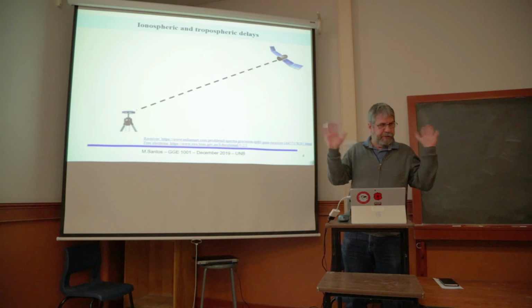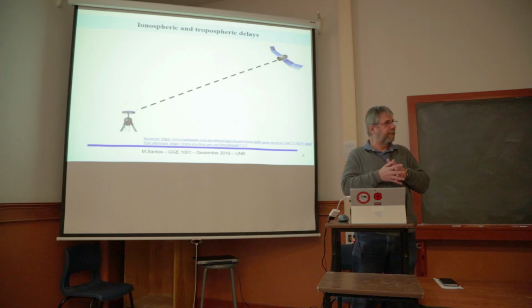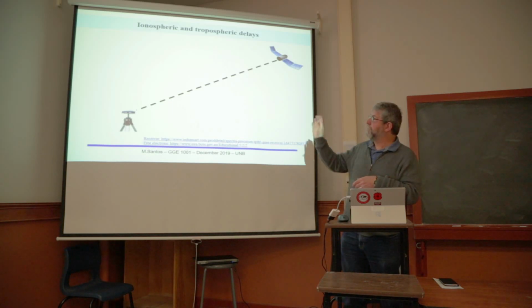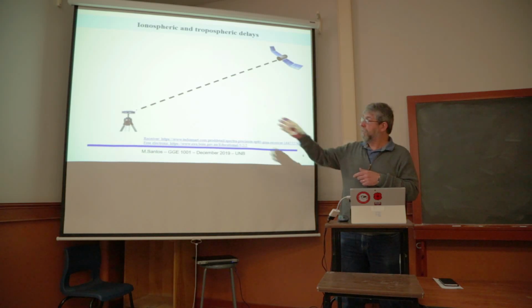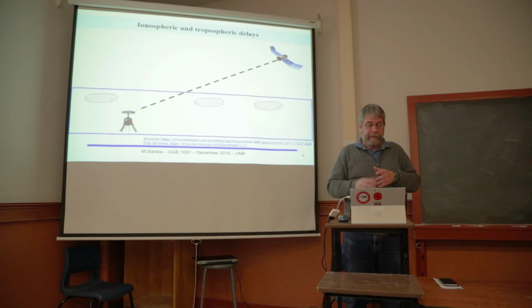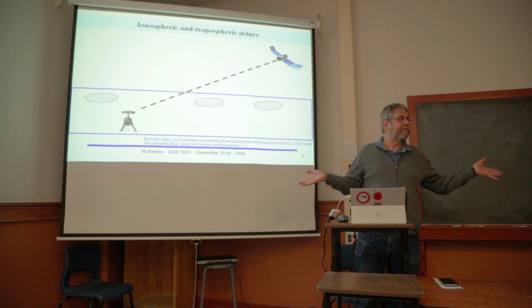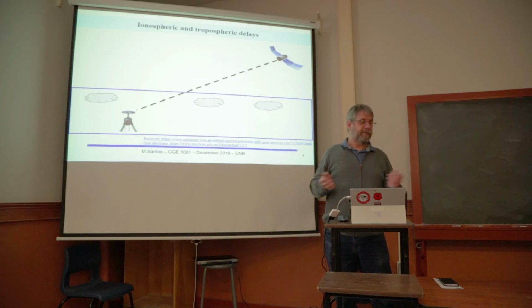So let's make a brief overview about ionospheric and tropospheric delays that I believe Michael discussed a bit. In this scenario, this is the GNSS satellite, and this is a receiver. The lowest layer that we have is where we live, where all the meteorological phenomena take place.